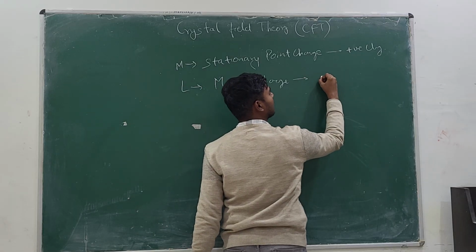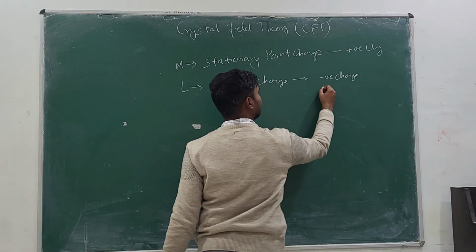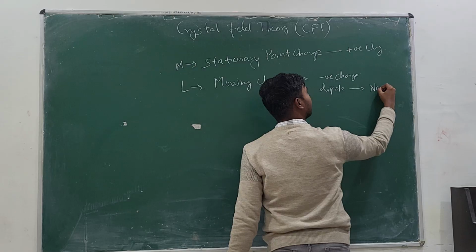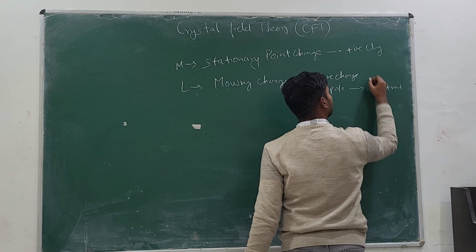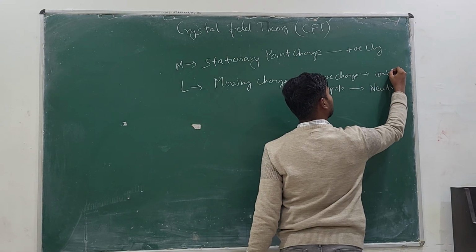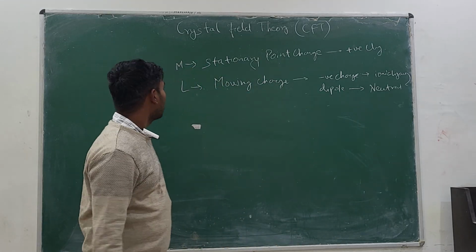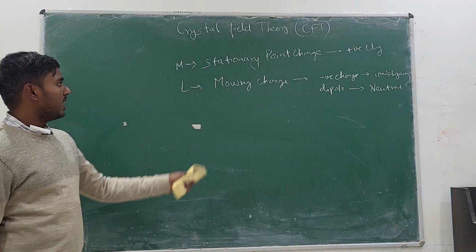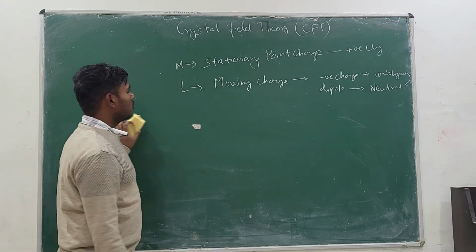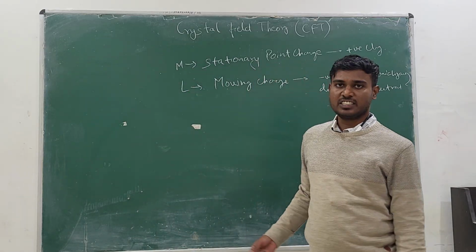It can be a negative charge or it can be a dipole, in case of a neutral ligand, and a negative charge in case of an ionic ligand. I have explained this to you in the previous slide. So let's see how the octahedral complex forms by the crystal field theory.